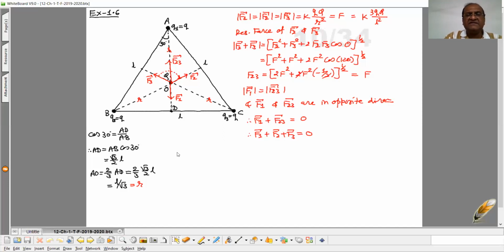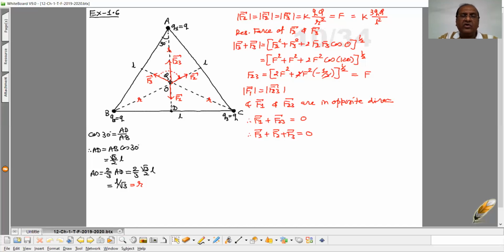Now, as discussed in the previous theory, we have to calculate the force acting on this capital Q by the charge at A, then by the charge at B, and then by the charge at C. And then after that we have to take the vector summation of all these.